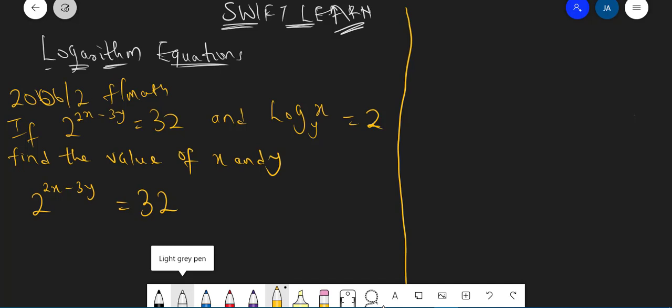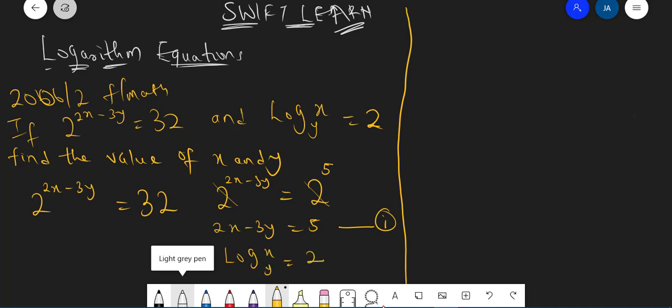As I said yesterday, write this 32 in terms of 2. That will be 2 raised to 5. This will cancel this. You have 2x minus 3y equals to 5. Equation 1. Nice.